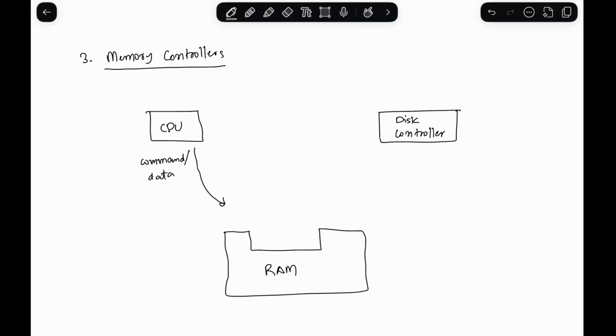And this controller also wants to dump data, whichever it has finished processing from the file. So it wants to dump it on the RAM on the exact nanosecond.